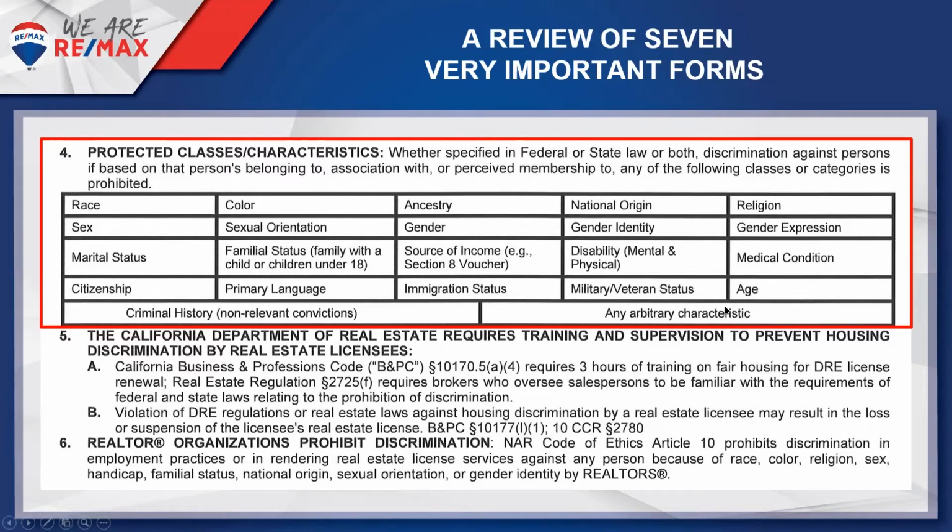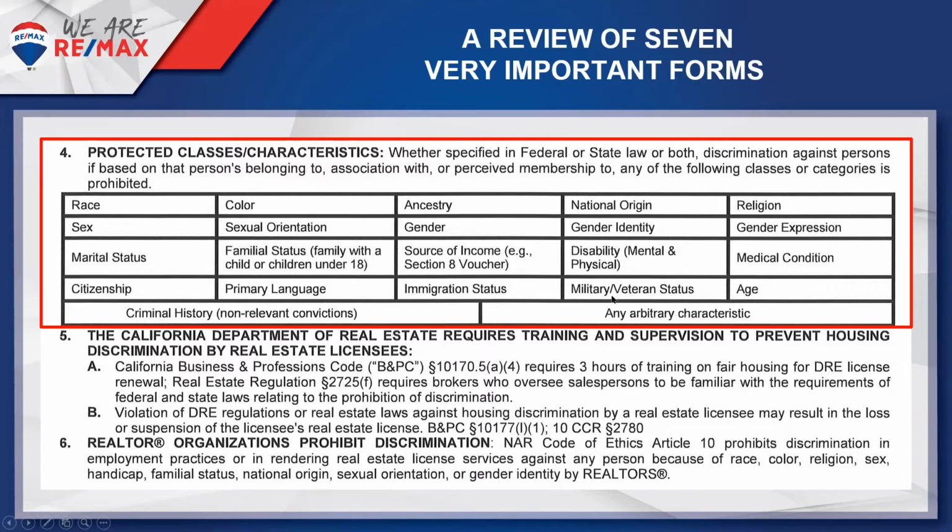So you can't whimsically just decide you don't like somebody and you don't want to sell to them. You've got to be sort of careful. It's a very broad catch-all type of clause, the any arbitrary characteristic. But the other ones are enumerated here and pretty specific.